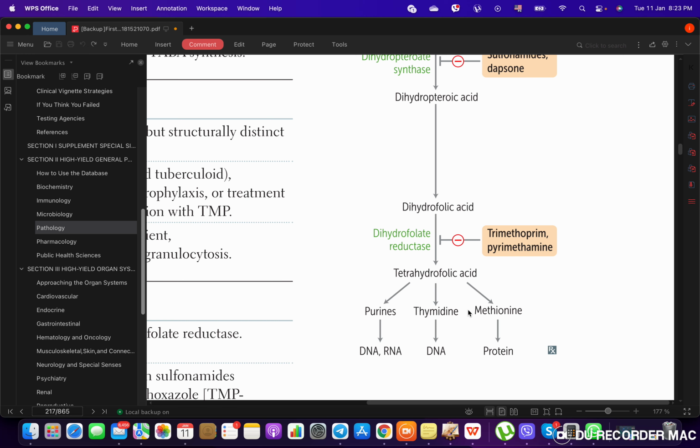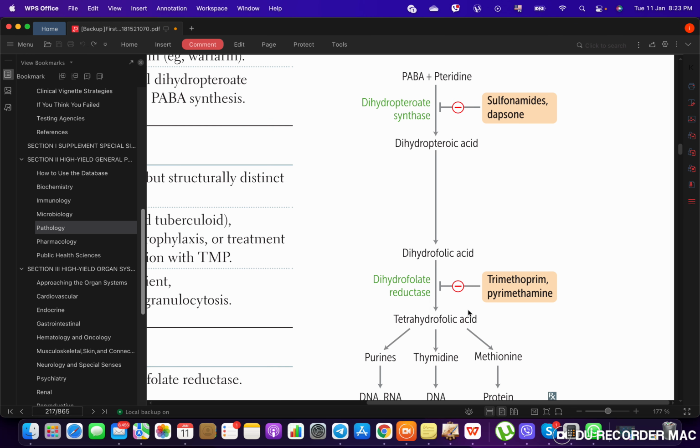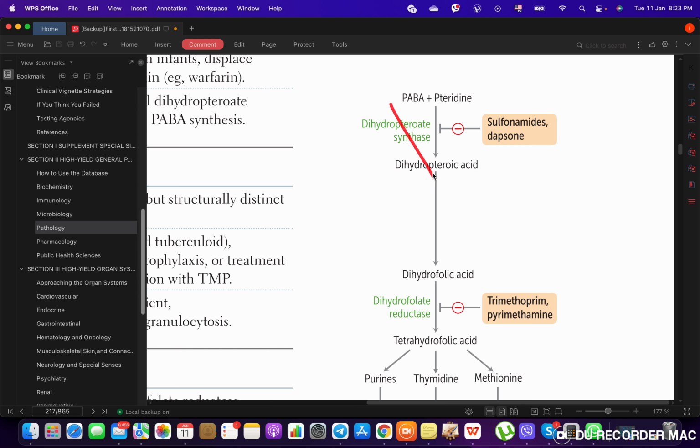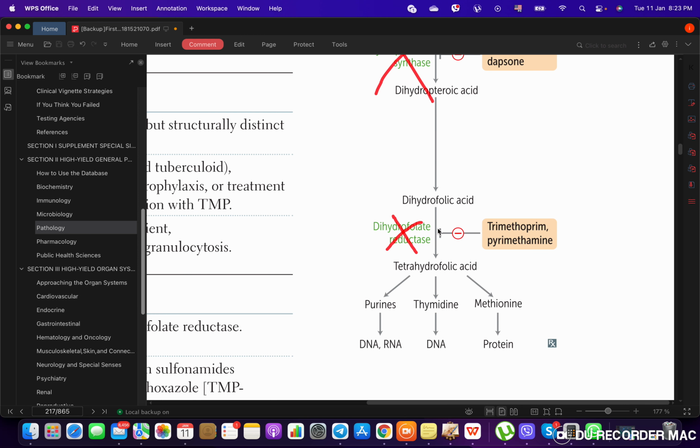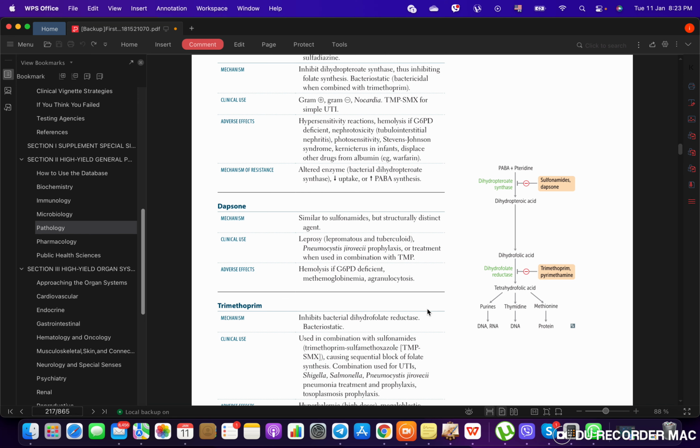Yes? So if somebody blocks any of these stages, of course we are not speaking about somebody, this is bacterial cells. Bacterial cells will not have thymidine, it will not have DNA. If it does not have DNA, it will die, okay?